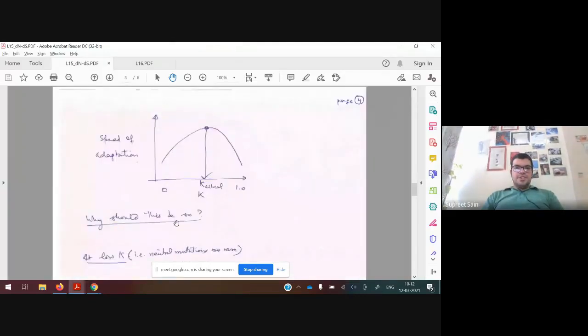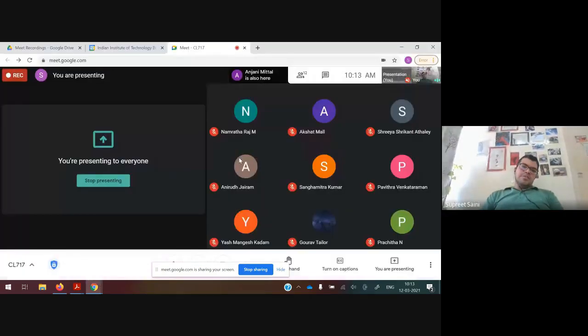So this is what it comes out to be. The speed of adaptation actually increases as the fraction of mutations which are neutral increases. And then after a certain point, it starts to decrease, right? So, Sangamitra, I think what you are suggesting is what would be the common perception, that as the fraction of neutral mutations increases, the speed of adaptation should slow down.